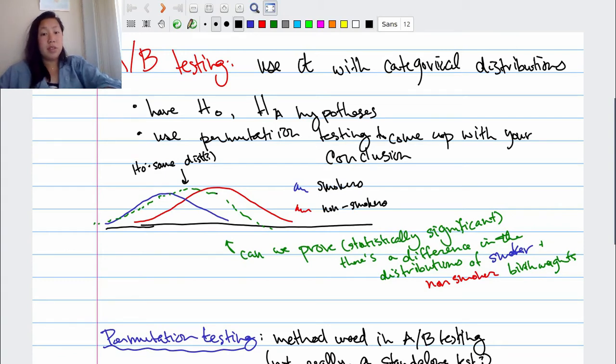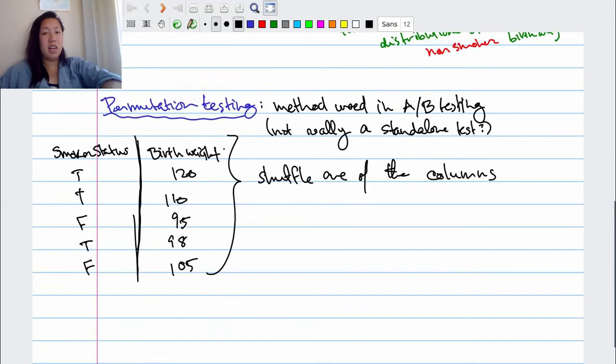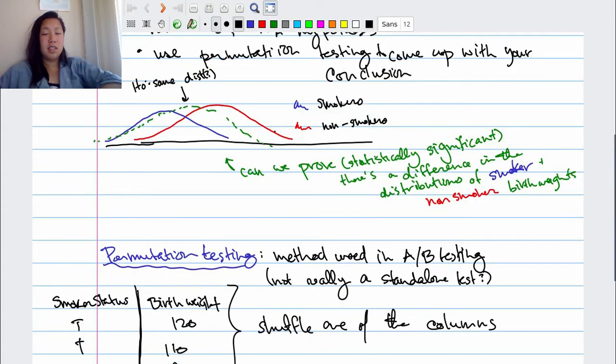It wouldn't matter if you shuffled the birth weights or the smoker status. However, if they are in these different distributions, maybe intersecting, that would also leave some statistically significant result.